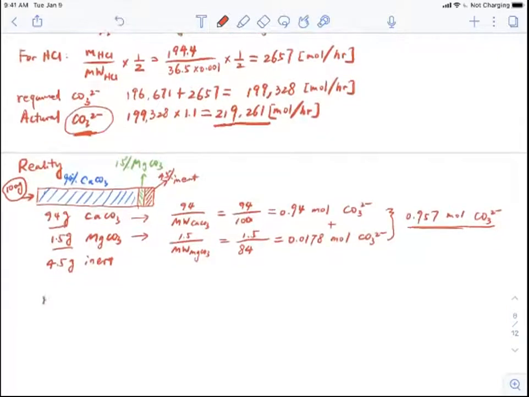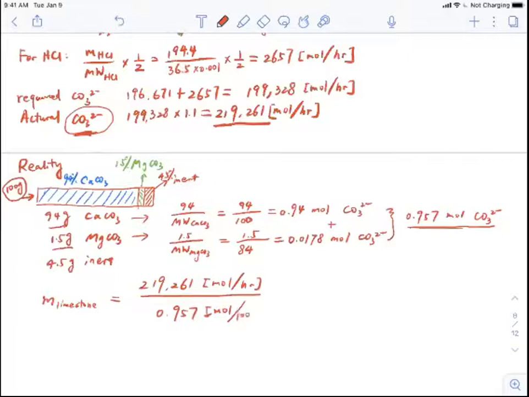Then we can find out what is the mass of limestone. That is just the total mass required, divided by 0.957 mole of the carbonate ion per 100 grams of the limestone, and then multiplied by 100 grams of the limestone.